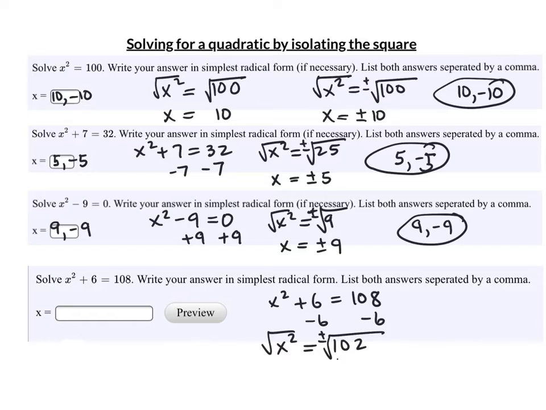Now the thing we need to see is, does 102 have any perfect squares in it? Remember how we simplified by taking out perfect squares? So this is where we go and look for factors, and a great place to do that is mathisfun.com. Go to the classroom calendar and look around on the calendar.